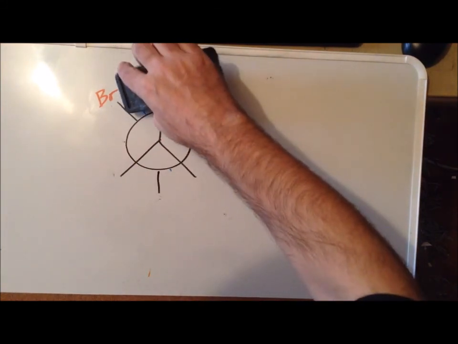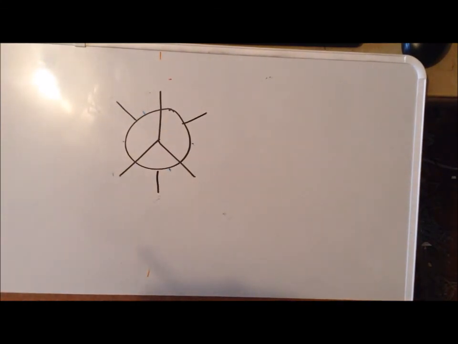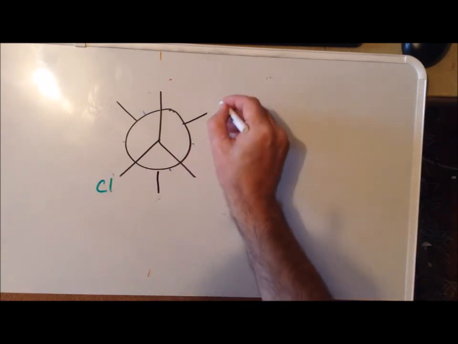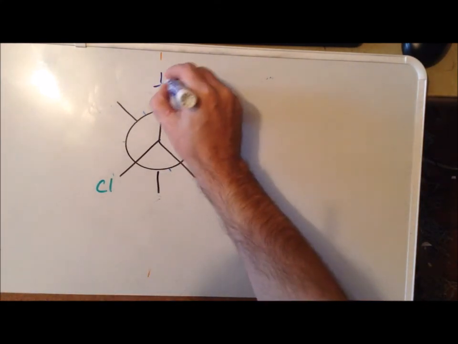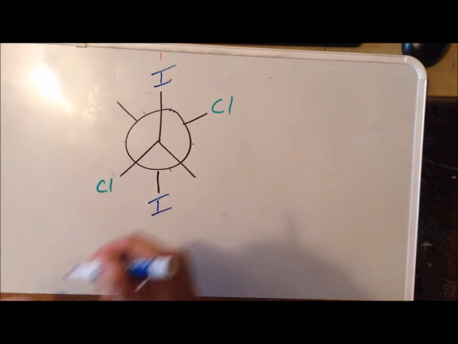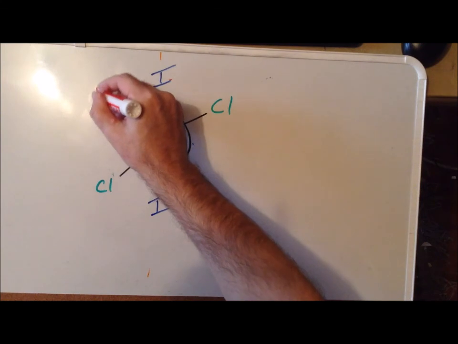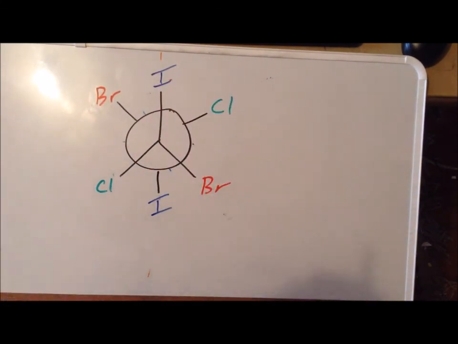So in this case, again, we're going to put the chlorine atoms like so, but now we want to put iodine here, and then bromines at the remaining positions. So again, we notice that we have a 1,2-dibromo, 1,2-dichloro, 1,2-diiodoethane, even though the actual arrangement of the atoms is somewhat different here.